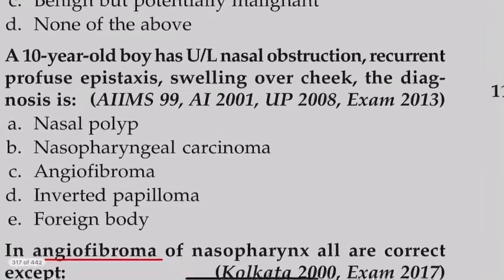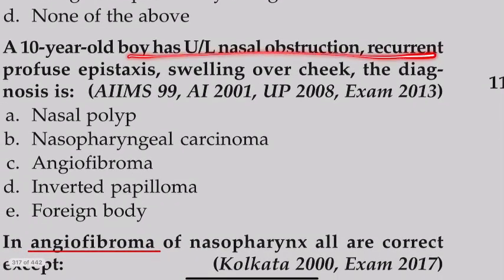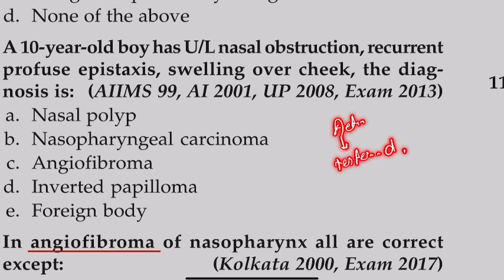A 10-year-old boy has unilateral nasal obstruction, recurrent profuse epistaxis, swelling over the cheek, and the diagnosis is asked. Now talking about the etiology of nasopharyngeal angiofibroma, it is mainly testosterone dependent, right? So the age mainly concerned is the adolescent male, that is from 10 to 14 years of age.